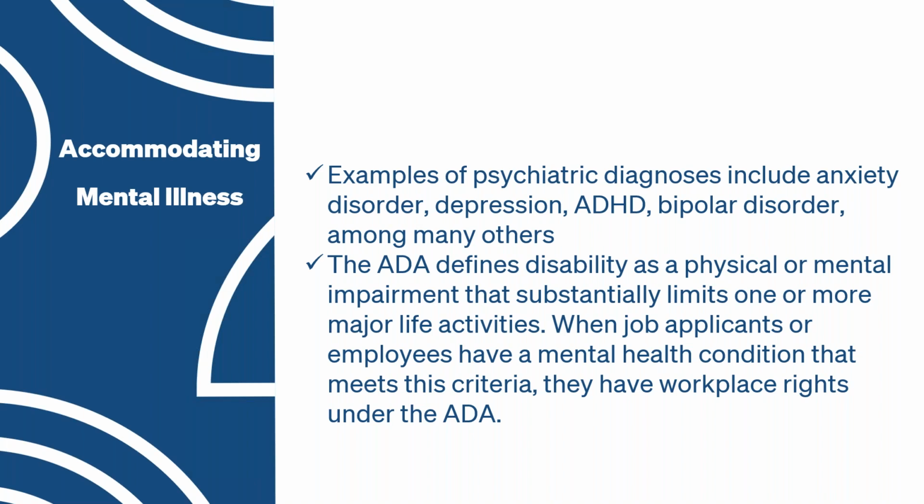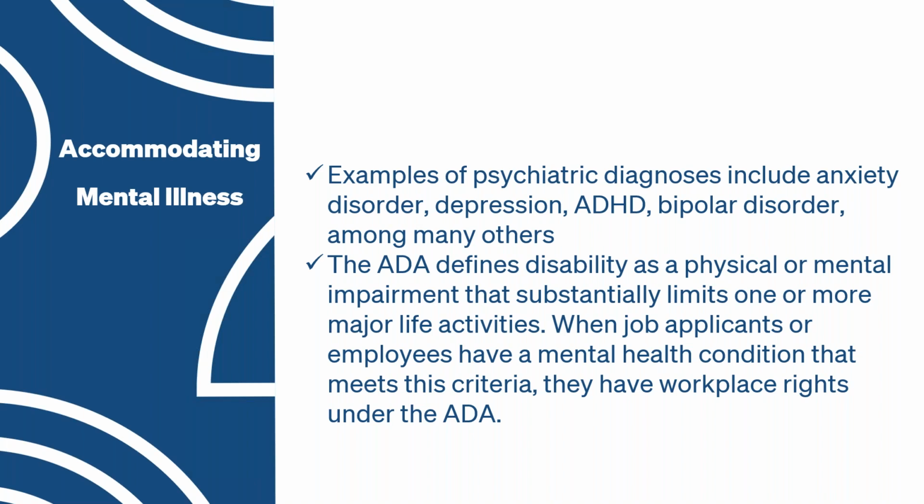Other examples would be someone with ADHD may need a quieter workspace. Someone with depression may need time off to go through an outpatient treatment program. These are just some examples. Another example of an accommodation for a mental health condition that I've seen in the past has been working with a different style of supervisor, one with a different communication style.